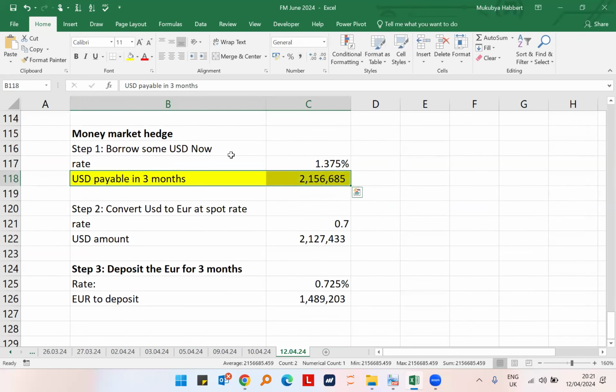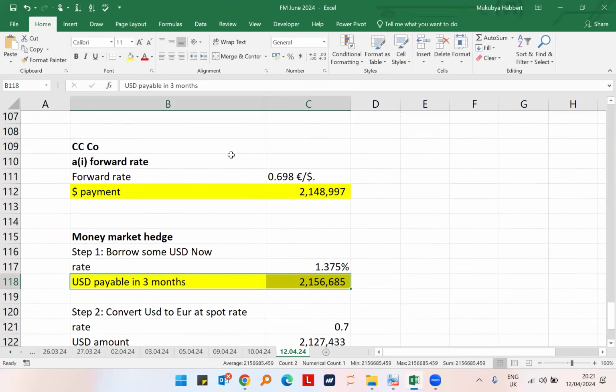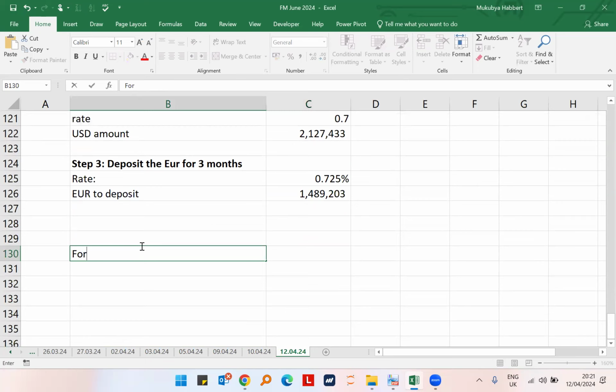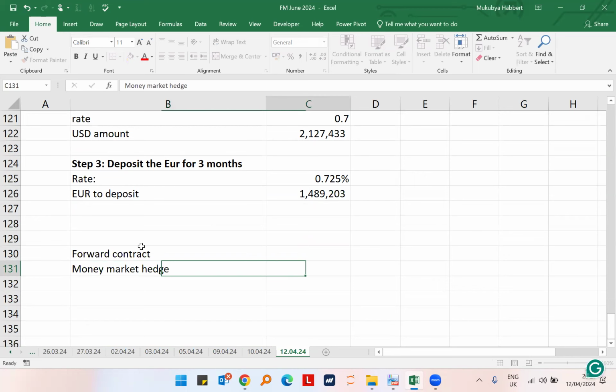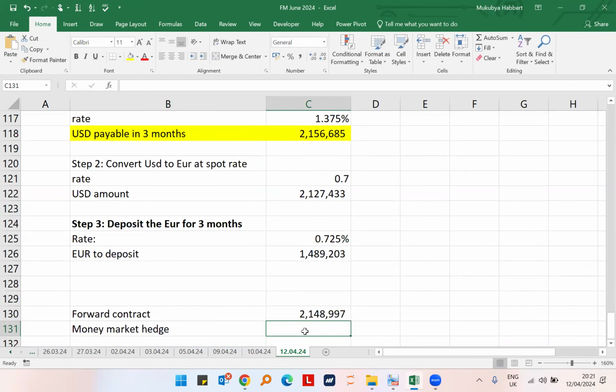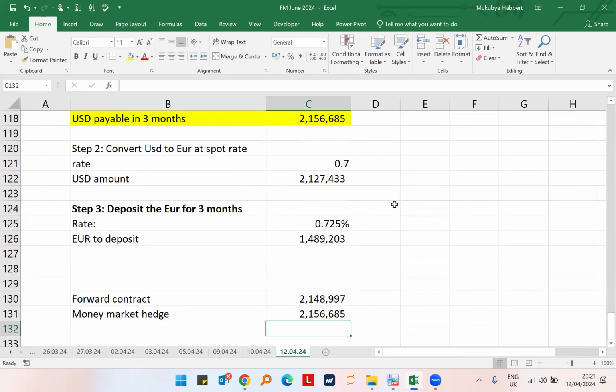And now I can compare the two. So for me, I prefer to compare by putting here a forward contract, then money market hedge. So the forward contract we got that the payment will be 2.148, whereas the money market hedge has given us 2.156. Now remember, these are payments.